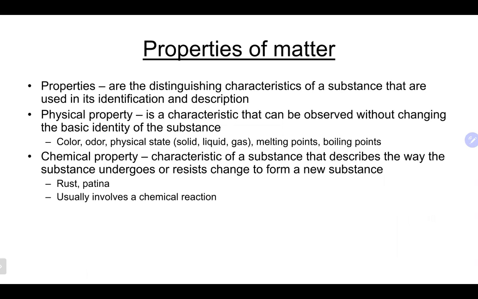Things like rust and patina are examples of chemical changes. And usually when we talk about chemical properties, chemical changes involve some type of chemical reaction taking place.